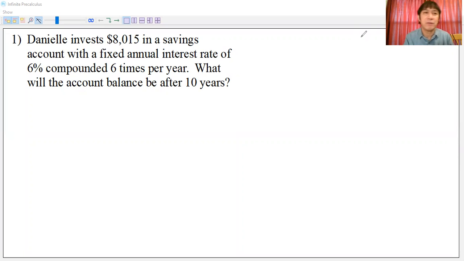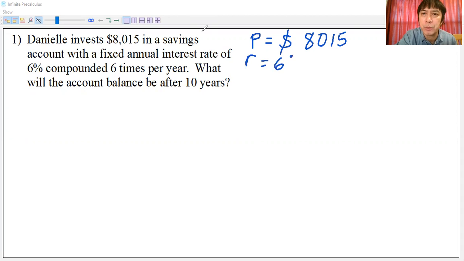Okay, so let's have the given first. So we have the amount invested that will be denoted by P, present value. This will be $8,015. Fixed annual interest rate of 6%, so that would be our small r.